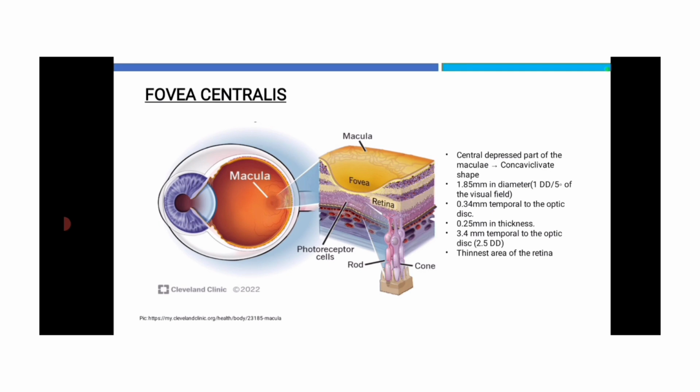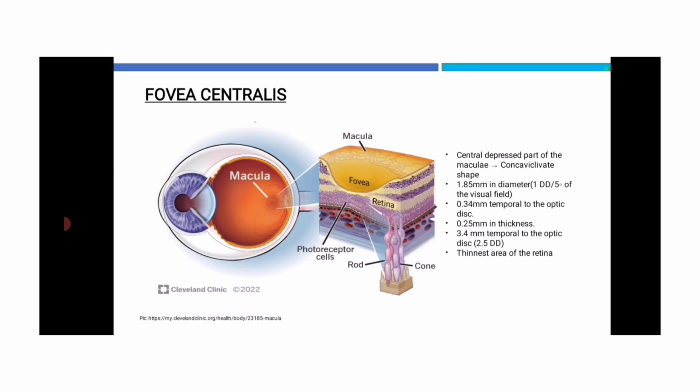So this depression approximates one disc diameter. It is 0.25 mm in thickness and is about 3.4 mm temporal to the optic disc, which is approximately 2.5 disc diameter. It is formed by the centripetal displacement of the outer retinal layers.